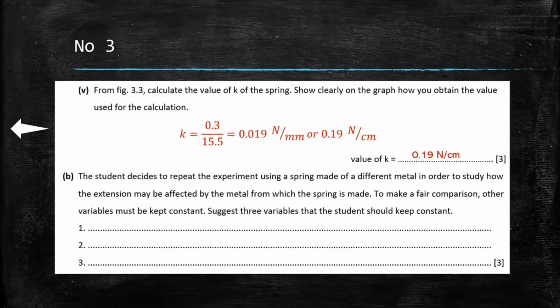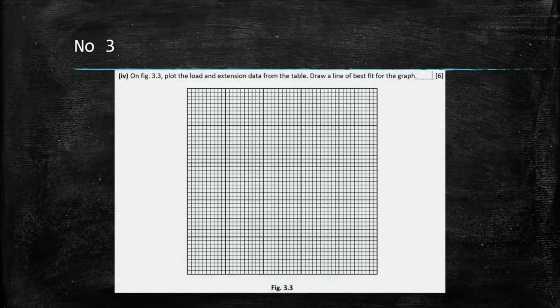Now, let's draw the second type of graph. In the second drawing, the x-axis is the extension in millimeter, while the y-axis is the load in Newton. Once again, don't forget to put units on the labels.